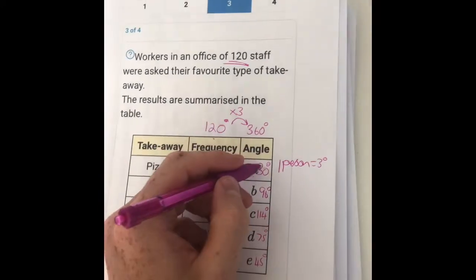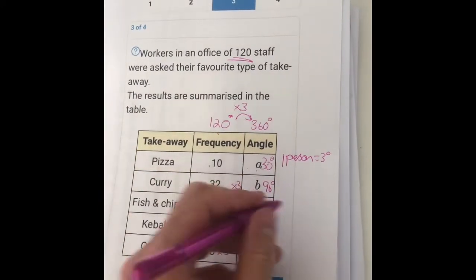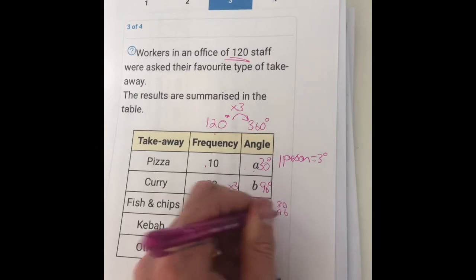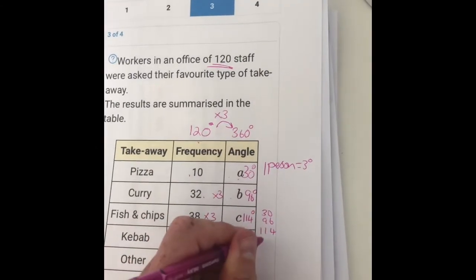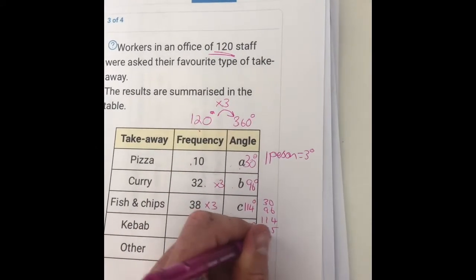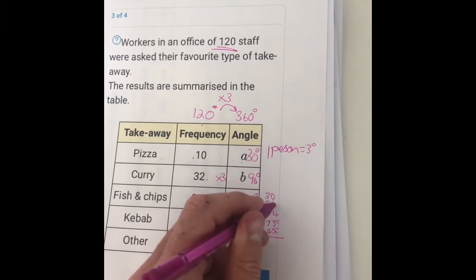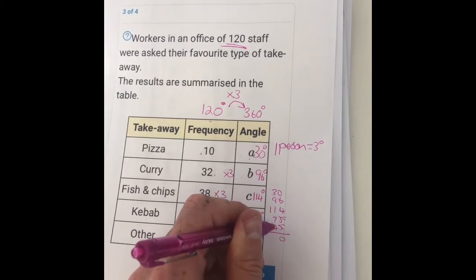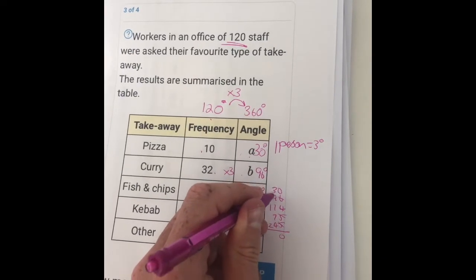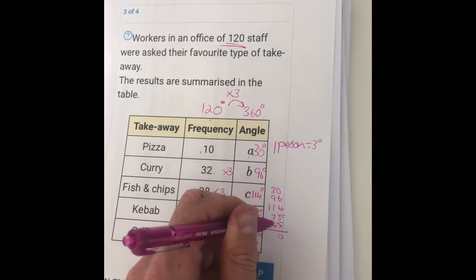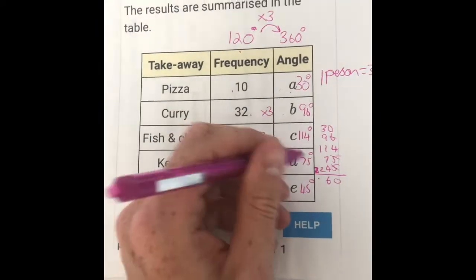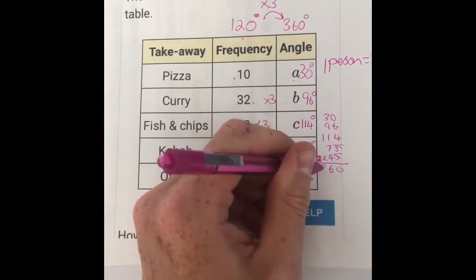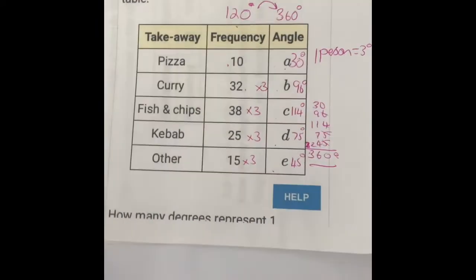So you know this should add up to 360. So let's just check. That makes 360, so we're done.